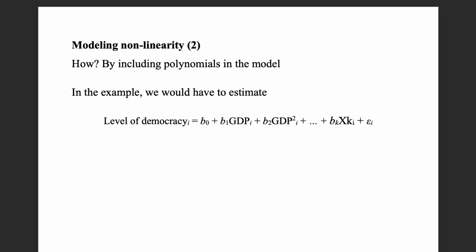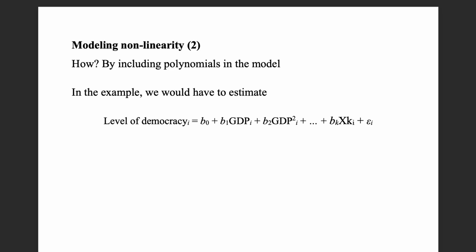So for instance, if we take a look at our example, what would we need to do in terms of regression models? Well, we have data on different countries, so each i is a case, a country, on the level of democracy, measured in some way that is theoretically valid and reliable, and some measurement of economic development, and let's say we're using GDP, gross domestic product, to measure economic development.